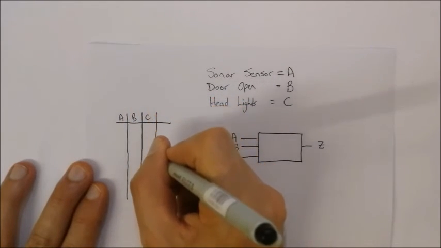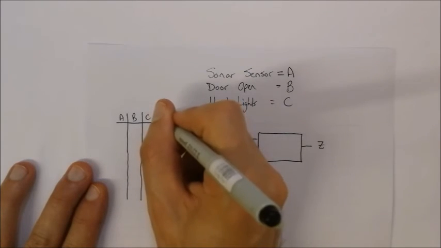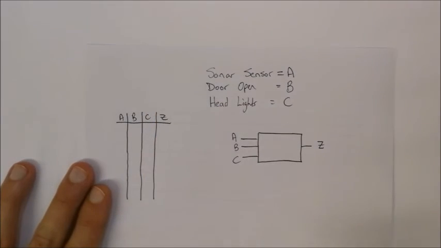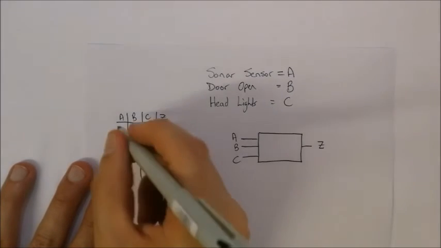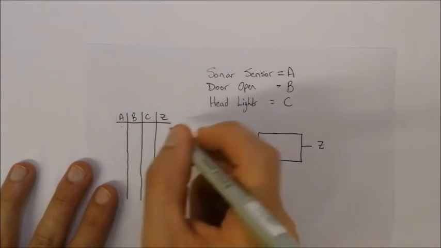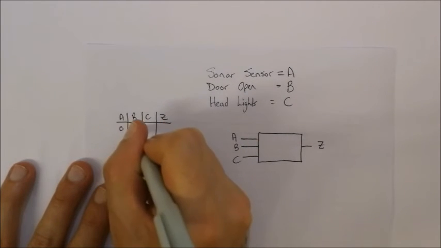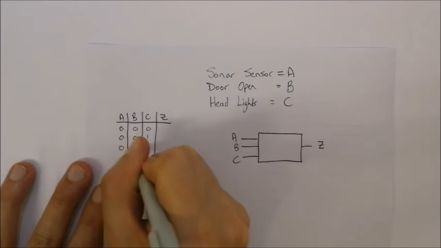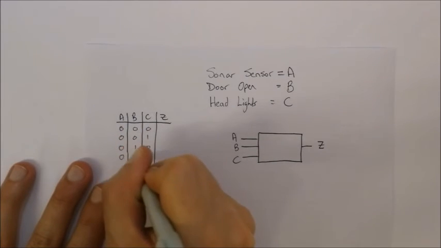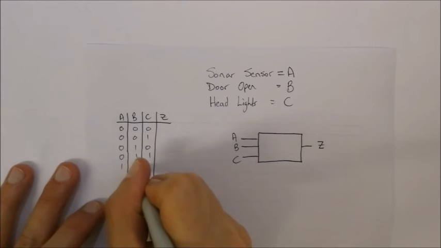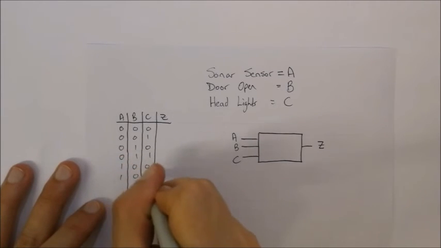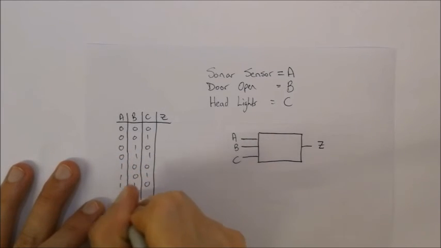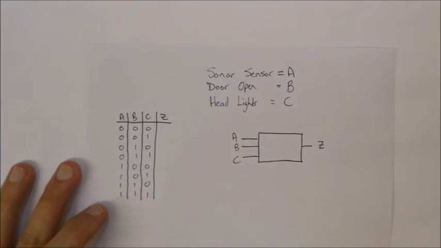Let's just look at all the different combinations. The different combinations of inputs we can have are 0 0 0, 0 0 1, 0 1 0, 0 1 1, 1 0 0, 1 0 1, 1 1 0, 1 1 1.